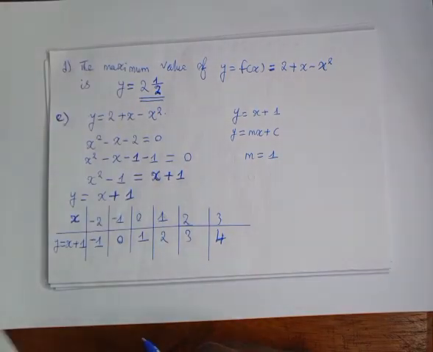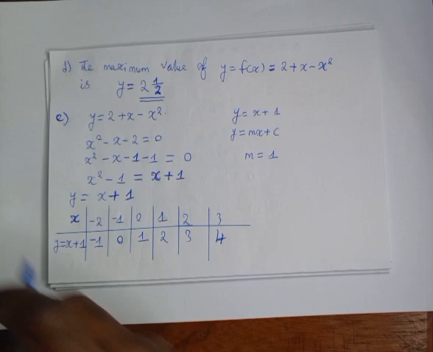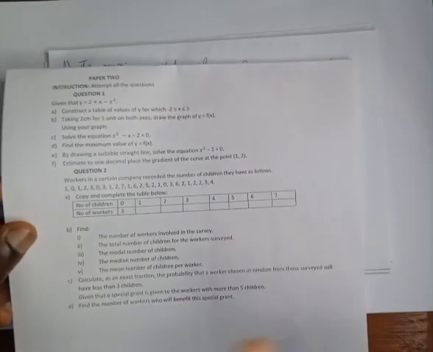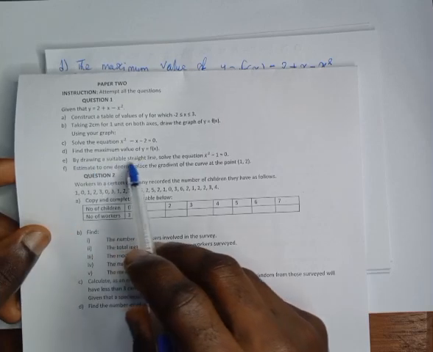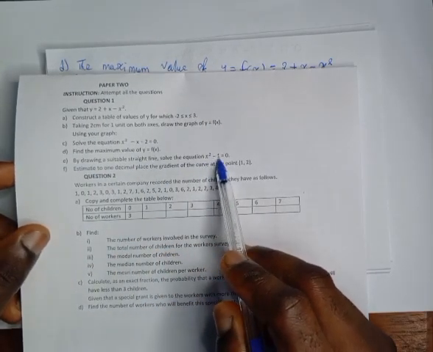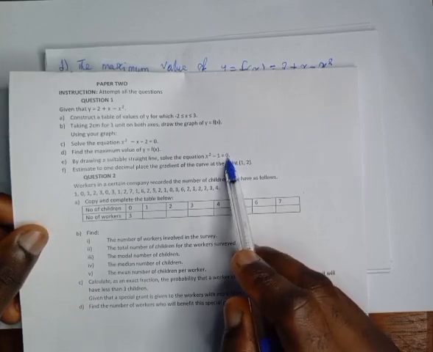Now, for us to solve the given problem, that problem is asking us, it says, by drawing a suitable straight line, solve the equation x squared minus 1 is equal to 0.